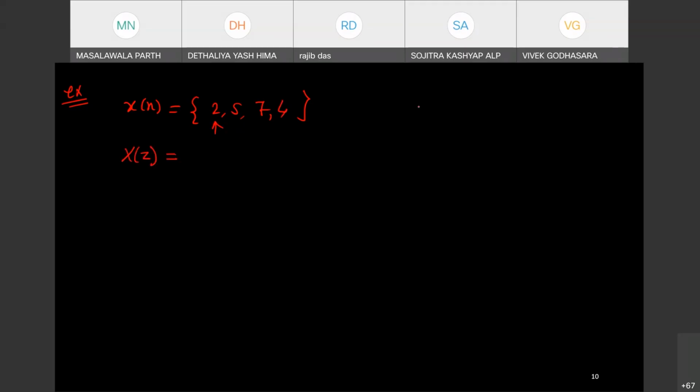You understand, no? If x of n is given, X of z is the summation of x of n times z to the power minus n, with n from minus infinity to infinity. So in general, we can expand it. At the origin, n equals 0, it is x of 0, and z to the power 0 is 1.